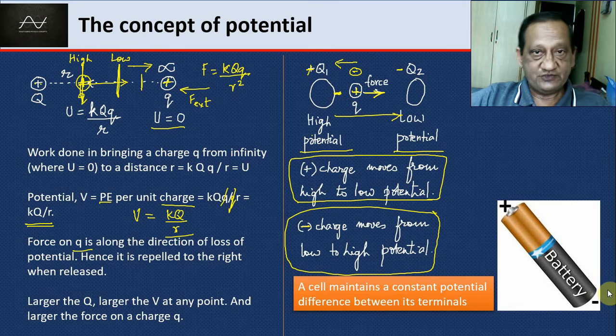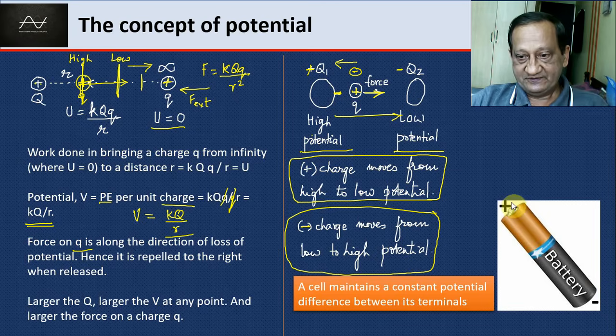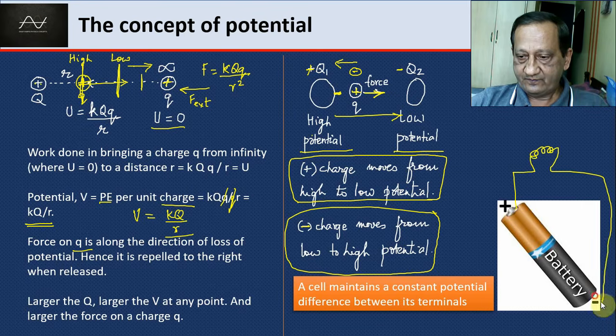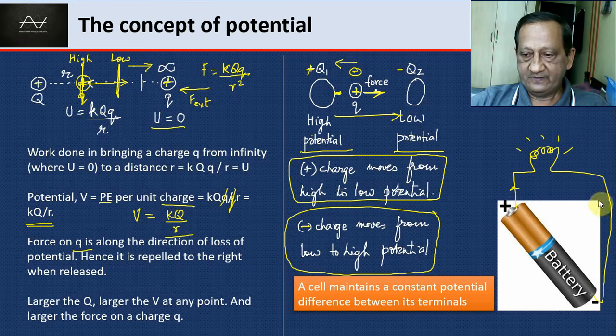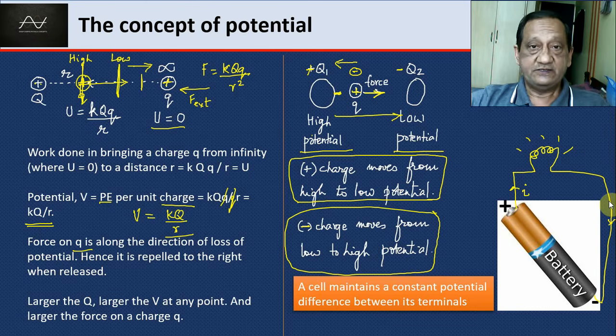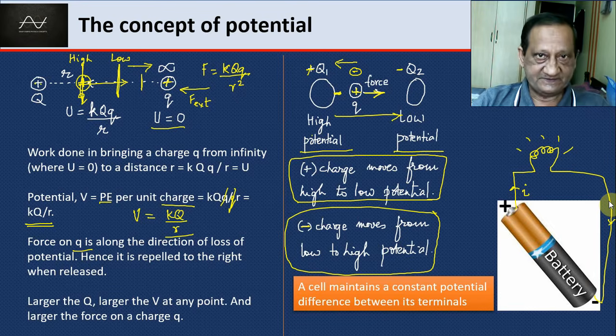Current flows means charges flow, and the positive charge moves spontaneously from the positive terminal to the negative terminal. So if you connect up a bulb like this now, it will glow because a current will flow. And current also is written as I. It is taken as the direction of the flow of positive charges.